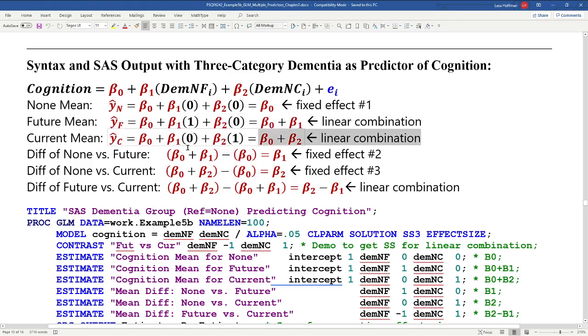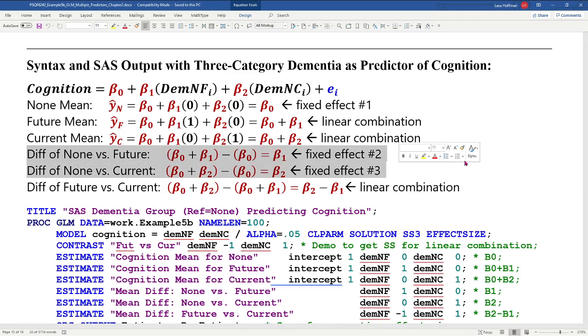So these two parameters for the alternative group means have to be requested separately because they are linear combinations of the estimated fixed effects, whereas the none mean is given directly by just the intercept. Likewise, 2 of the 3 differences between these 3 groups, the differences that are relative to the none group as the reference, are given directly by the beta 1 and beta 2 slopes.